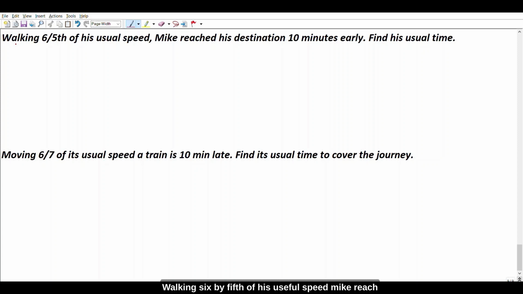Walking 6 by 5th of his usual speed, Mike reached his destination 10 minutes early. Find his usual time. So from the question, it is given that new speed is equal to 6 by 5 times of usual speed.